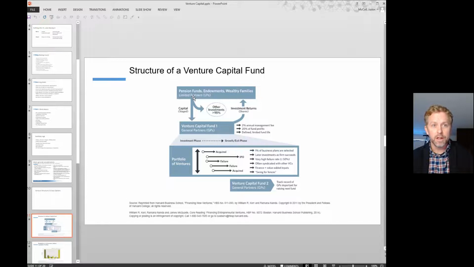Wealthy families. So if you think about the Walton family in the United States, who founded Walmart, though it's not run by them really anymore. Then you have the heirs to the Bosch empire, and things like that. These folks who are really, really wealthy, high net worth individuals will have what are called private offices, family offices.